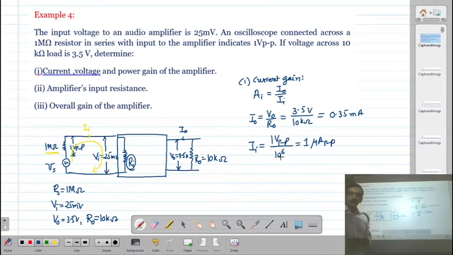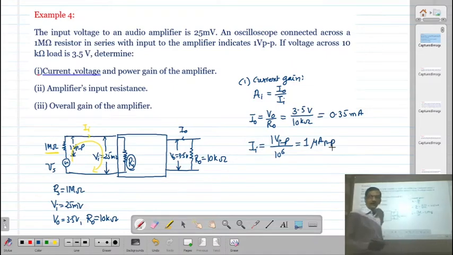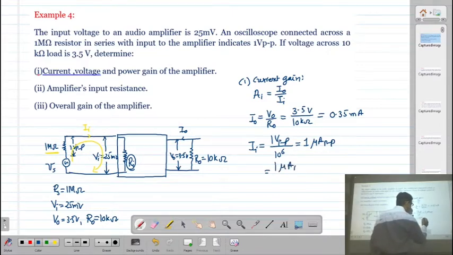So either you convert both values to peak to peak, or you convert both into RMS. Here we will convert this peak to peak value into an RMS value, and for that I have to divide the 1 microampere peak to peak by 2√2.